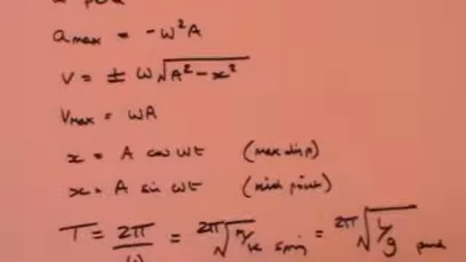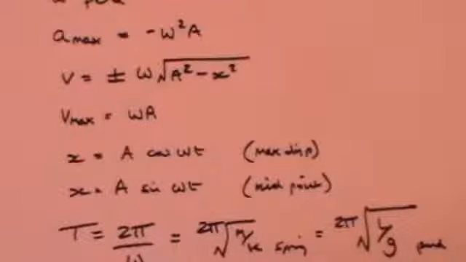You can measure the displacement x, it's a cosine omega t, if you are measuring time from the maximum displacement. In other words, if you start the clock when the bob or the spring is at its maximum displacement, or x equals a times the sine of omega t if you start the clock when the mass on the spring passes the midpoint.